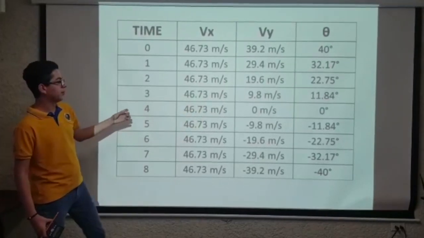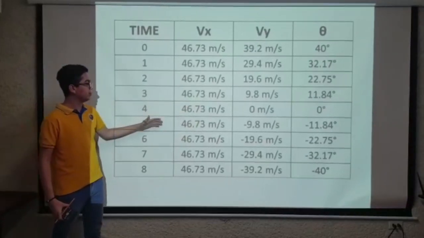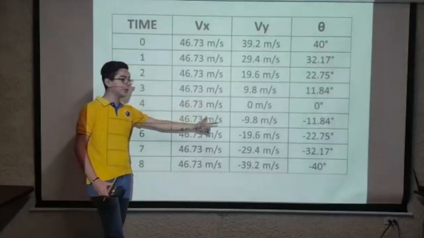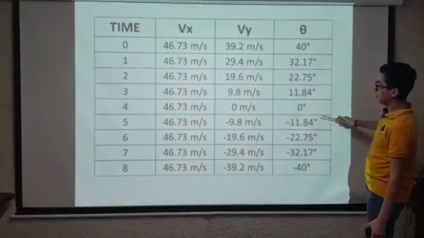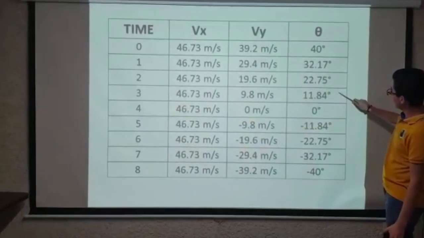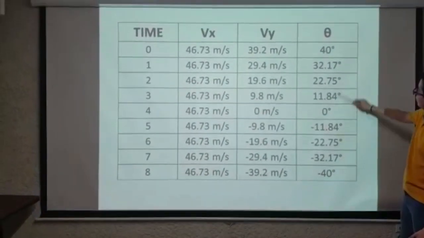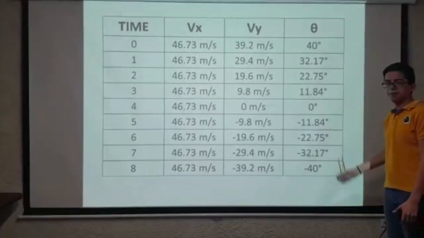And after this point, the velocity will be negative, so as a consequence, the angles also will be negative. And as you can see, this angle is the same as this angle, and this angle is equal to this, but in negative.